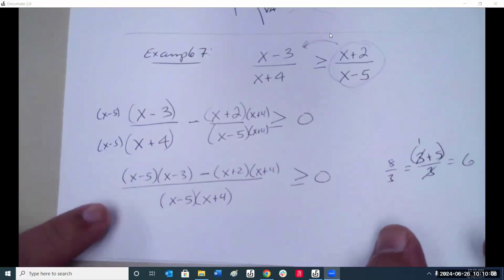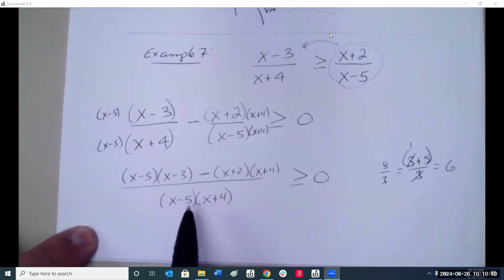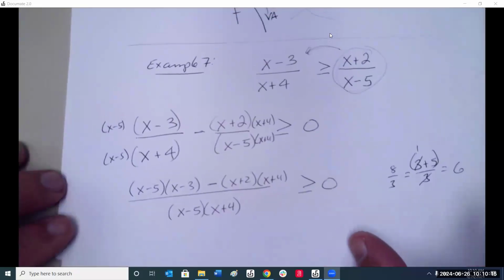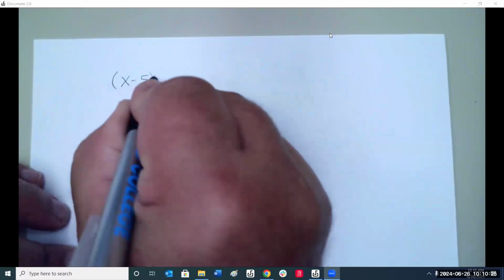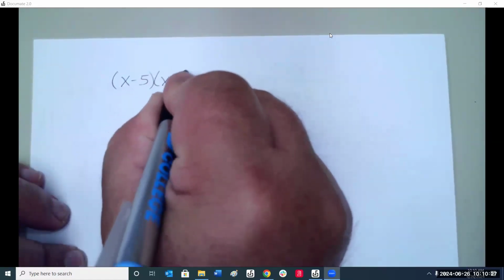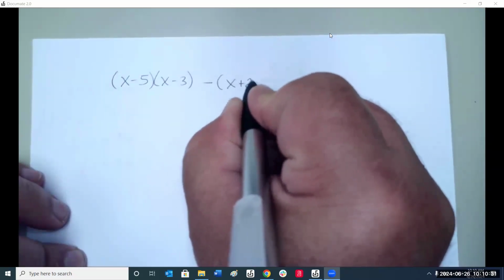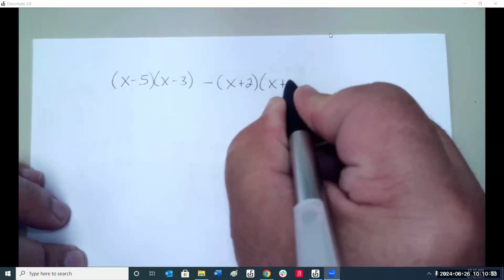All right, so now don't touch the bottom. Leave the bottom the way it is. Now we have to fix the top. The top is x minus 5 times x minus 3, minus x plus 2 times x plus 4.